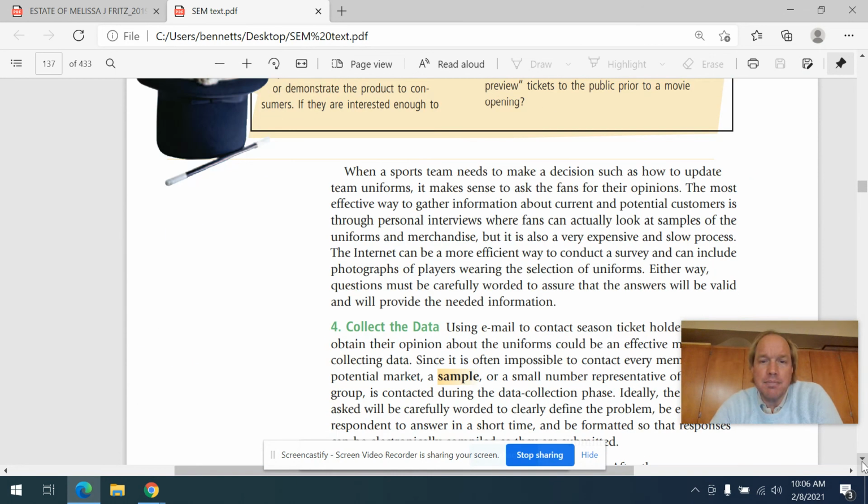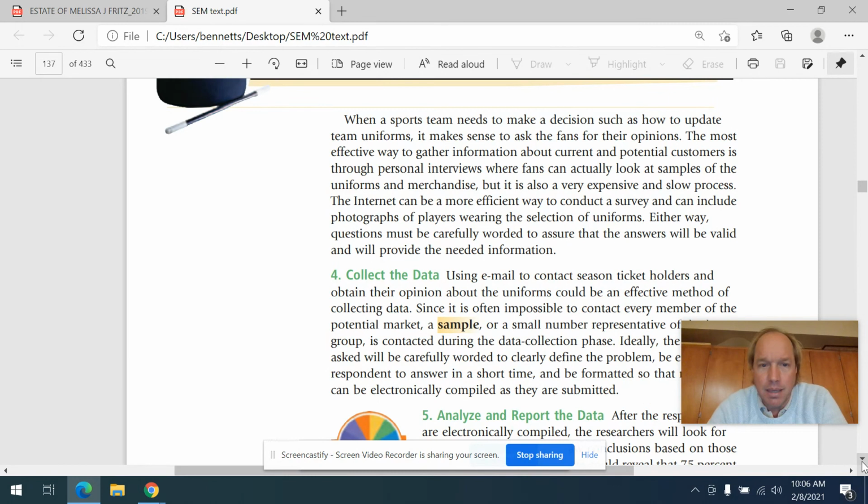When a sports team needs to make a decision, such as how to update team uniforms, it makes sense to ask the fans for their opinions. The most effective way to gather information about current and potential customers is through personal interviews where fans can actually look at samples of the uniforms and merchandise, but it's also a very expensive and slow process.